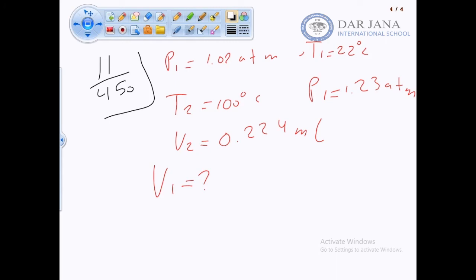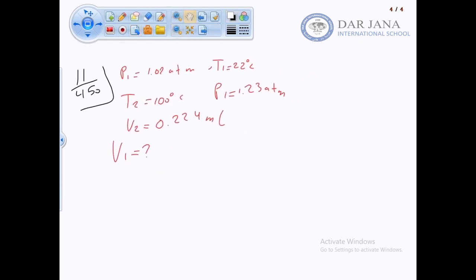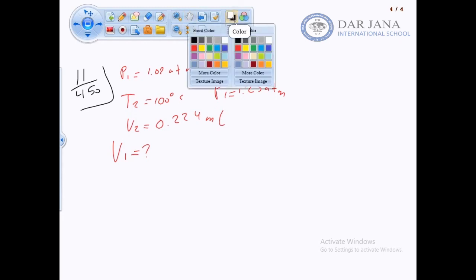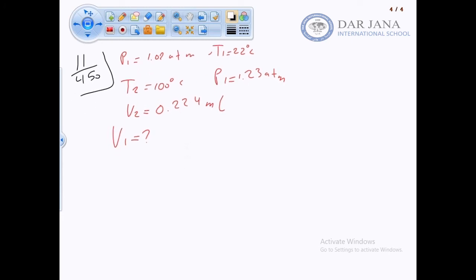Okay, so let's apply the combined law, because according to the given, pressure, temperature, and volume are found. P1V1 over T1 equal P2V2 over T2.